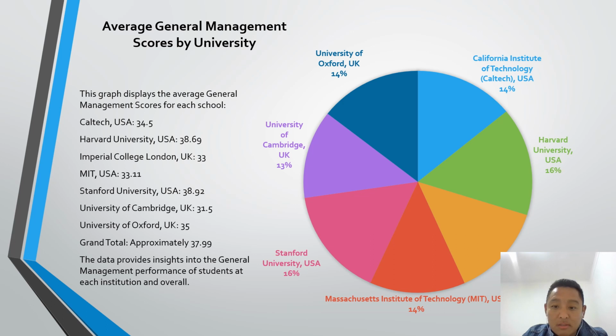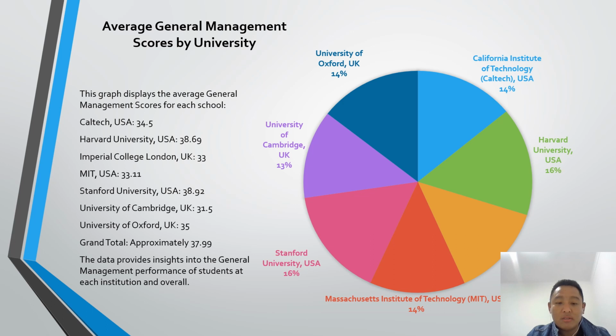Another slide basically describes the average general management score by university. The pie chart displays the average general management score by university. California Institute of Technology has scored 34.5. Harvard University has scored 38.69.